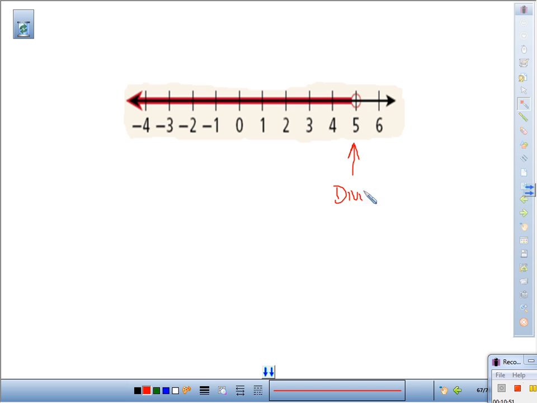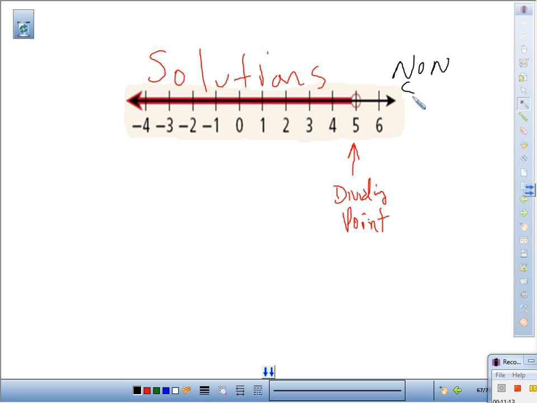It's called the dividing point. And why is it a dividing point? Because it divides the number line into two sections. The section where the graph is, that's what we call the solutions. The section where we don't have anything of the graph is called non-solutions. Are we there so far?